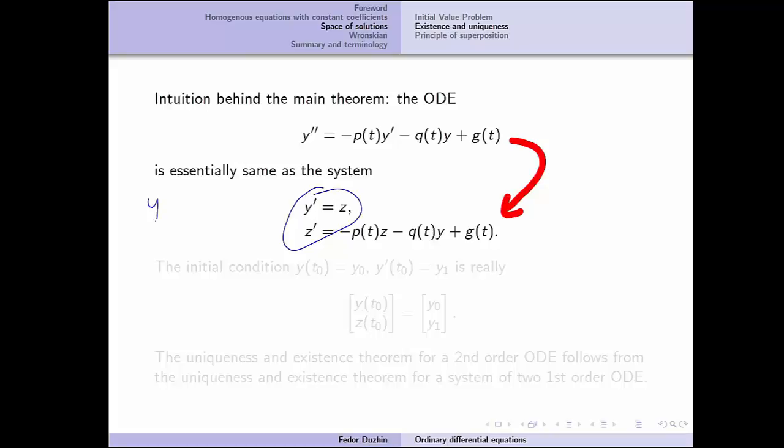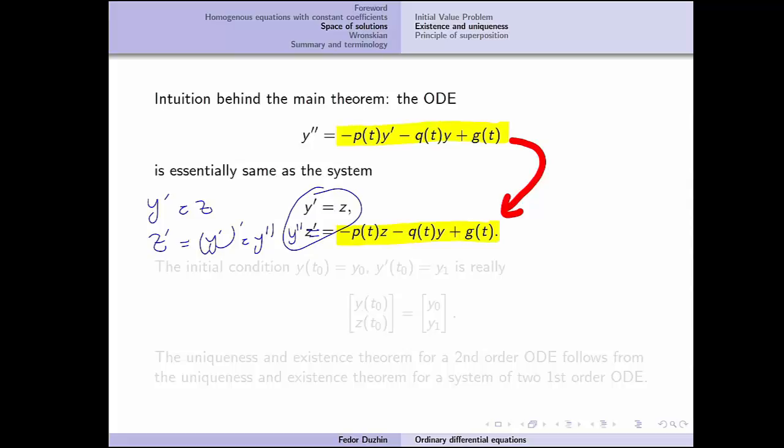So if y prime equals z, then z prime equals y prime prime, which is y double prime. So in other words, this second differential equation tells us that y double prime equals whatever this is, and this right-hand side is exactly the same as this.